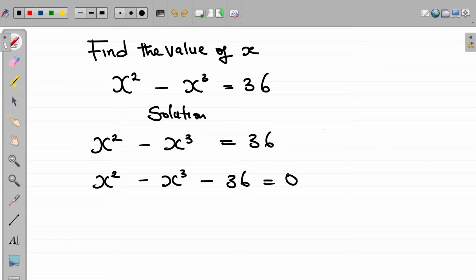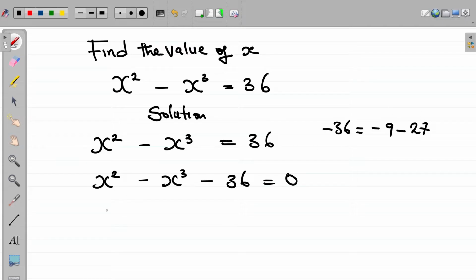But minus 36 can be expressed as minus 9 minus 27, because we have x raised to the power of 2 here, and we have x raised to the power of 3. We can also express 9 and 27 in the power of their base, to have 3 raised to the power of 2 and 3 raised to the power of 3.